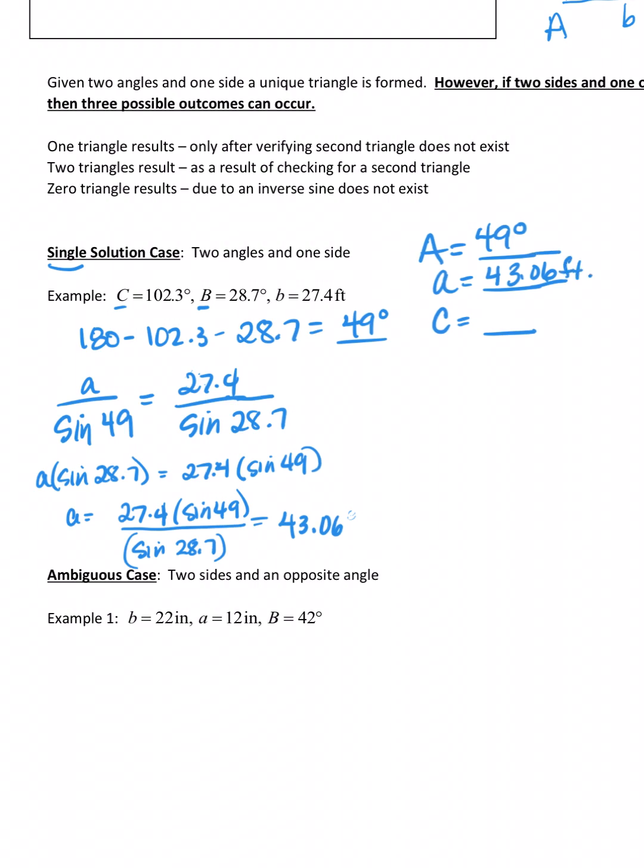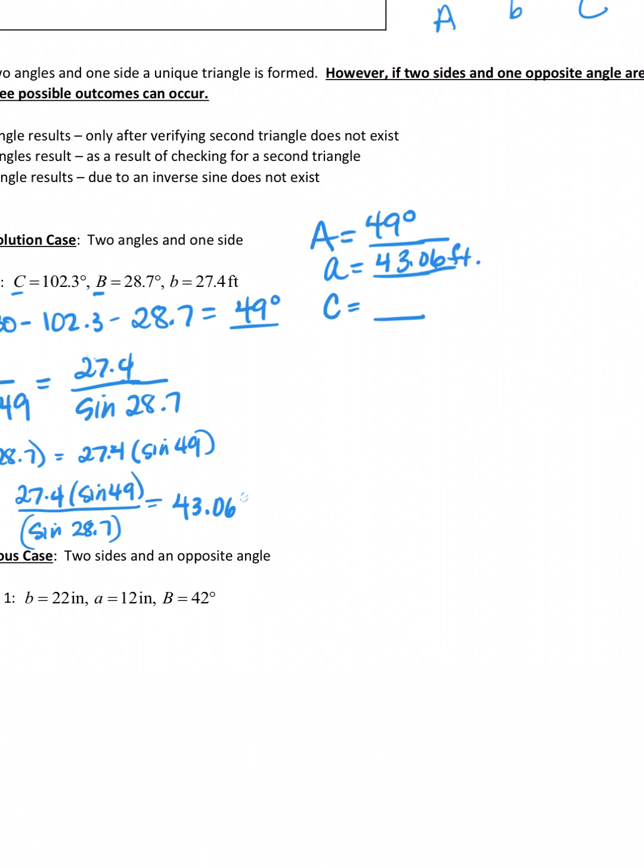Okay, now we're going to find little c. So we're going to go the same way. Little c over the sine of big C equals, you can use anything you want. I usually use the given amounts. So 27.4 over the sine of 28.7. Again, I'm going to cross multiply.